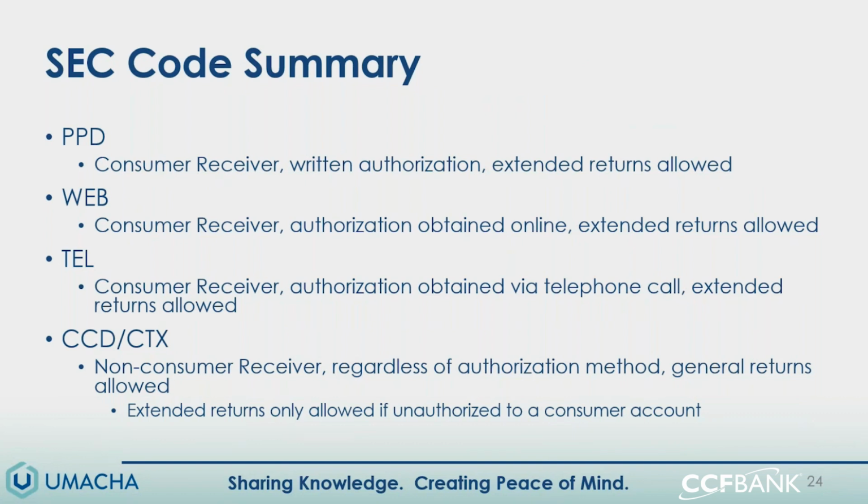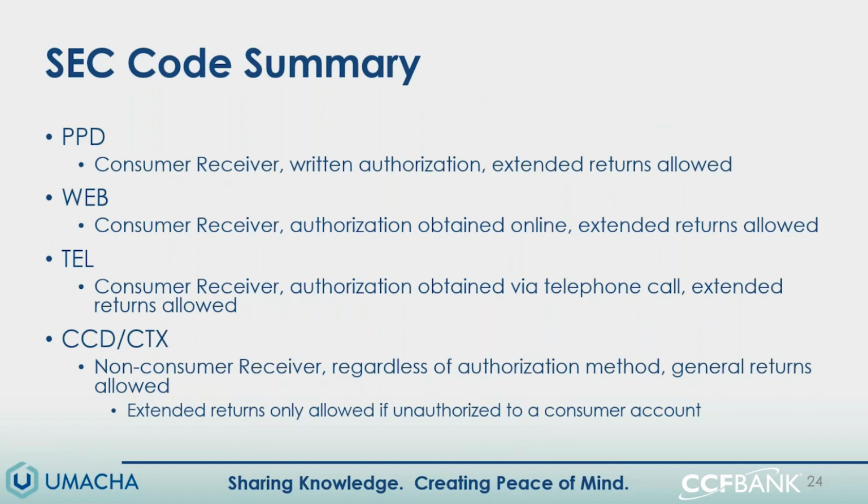Those are all going to be WEB because it's happening over the internet. And then TEL is going to be those authorizations obtained over the telephone call. Remember, we're holding the phone up to our ear, telephone call, not necessarily things like a video chat or anything like that.